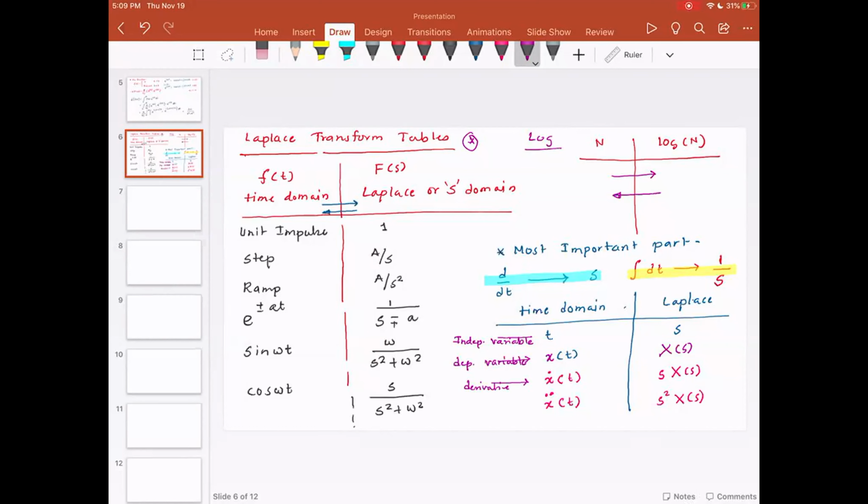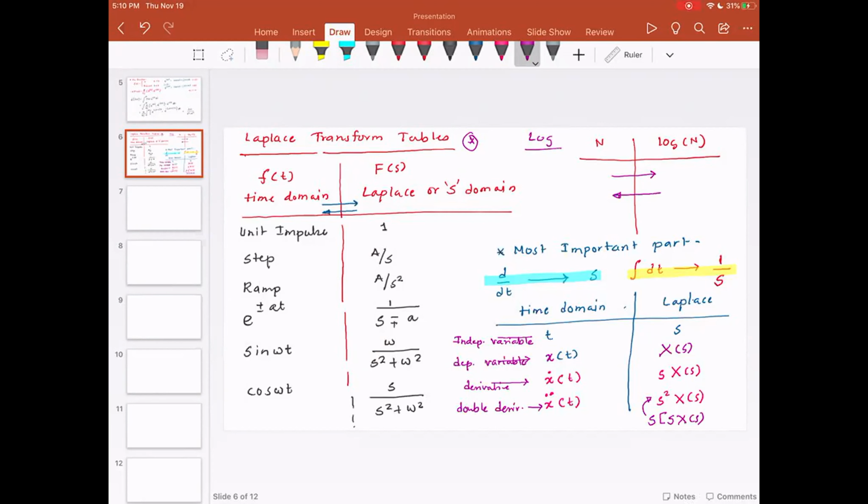There are no dots in Laplace domain. There is just multiplication by s. If you take a double derivative, then it becomes s square. Essentially, the equation gets multiplied by s x of s, so you land up with s square. This is the super duper important part that you should remember. Whenever you are performing the derivative, d by dt, you have s. If you perform integration, you will have multiplication by 1 over s.